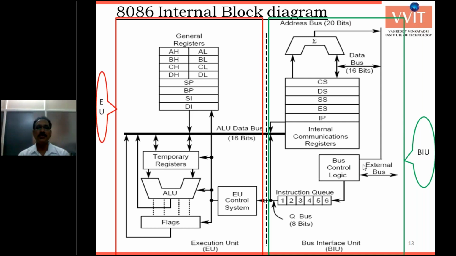There are two functional units in the block diagram. The right side, with the green border, is the bus interfacing unit, and the leftmost red border is the execute unit.